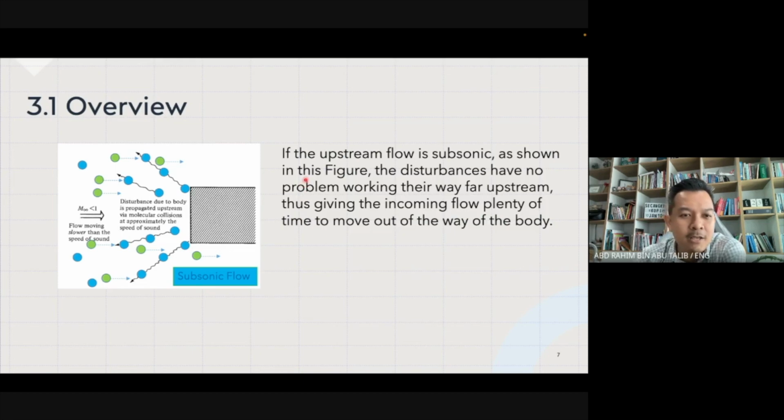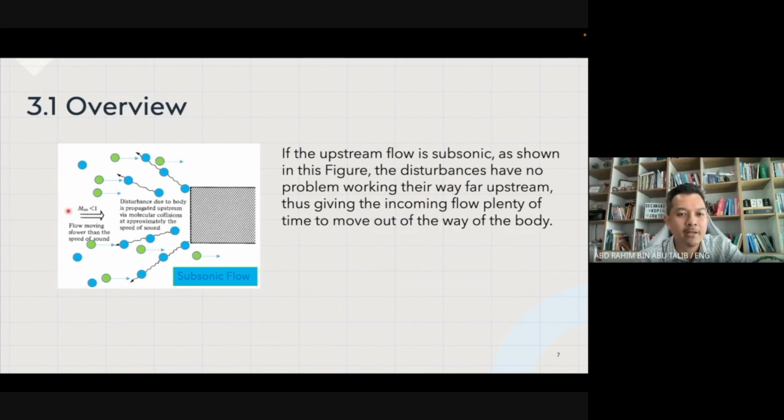If the upstream flow is subsonic, which is less than 1, as shown in this particular figure, the disturbances have no problem working their way far upstream, when the molecules of air are bounced back, thus giving the incoming flow plenty of time to move out of the way of the body.